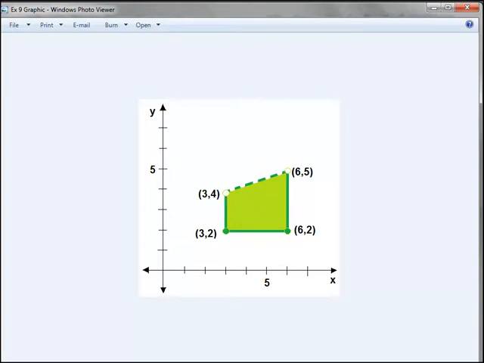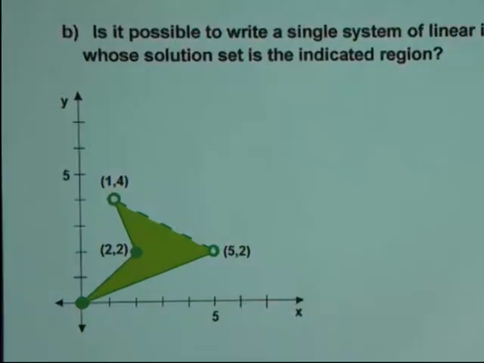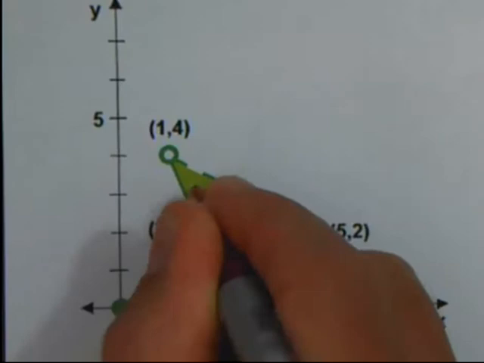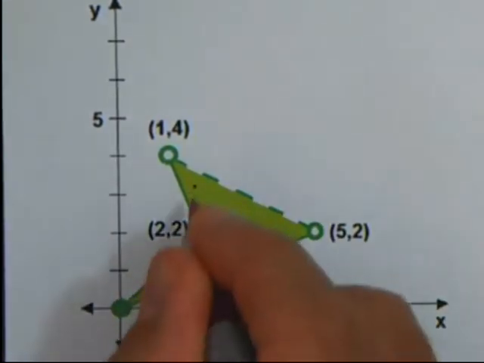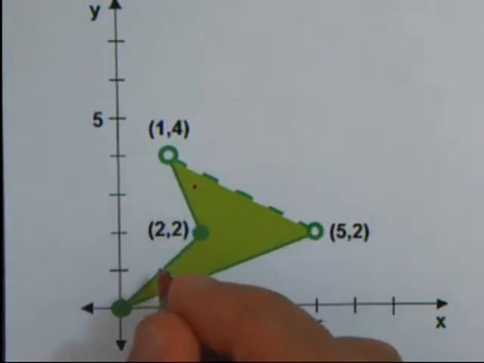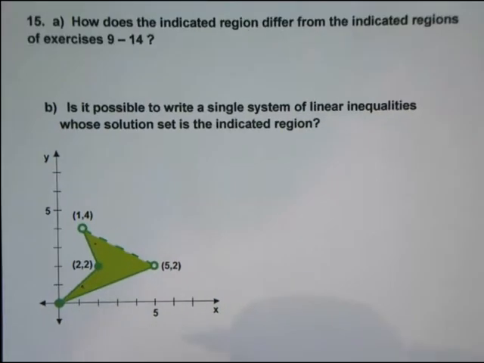Let's take a look again at this region here in number 15. It's got an indentation, and this is going to be concave. More specifically, if you select this point and this point, and connect those two with a line segment, that line segment would not lie entirely in the region. So that means this is a concave region.